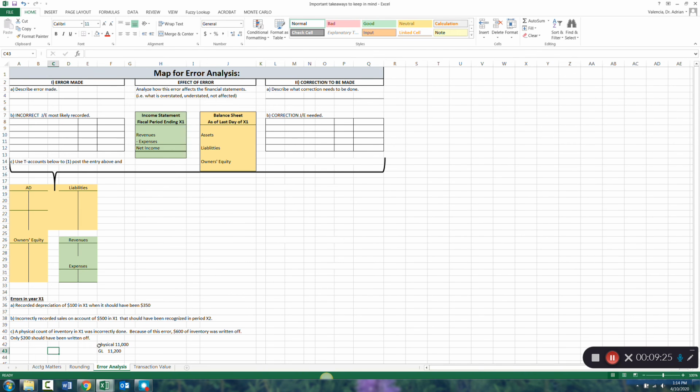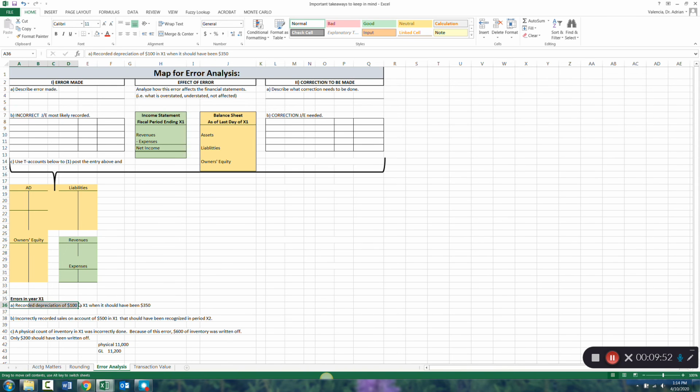So here, let's go ahead and put in the amount. Okay, so a couple things, sorry. Here I analyzed by writing $100 as incorrect. This is the other approach that I wanted to talk to you about, and it's whatever you feel more comfortable with. You could just write the difference as the incorrect amount.